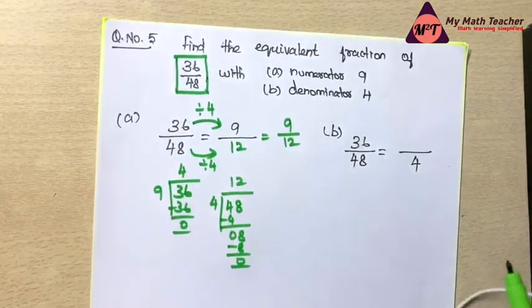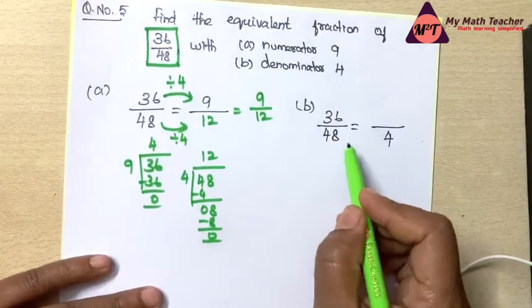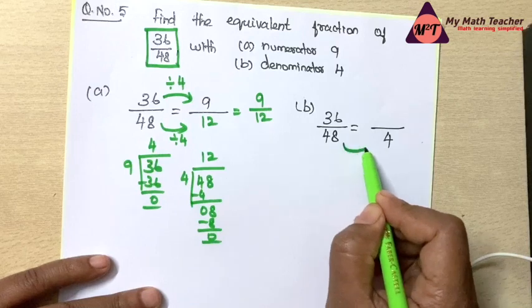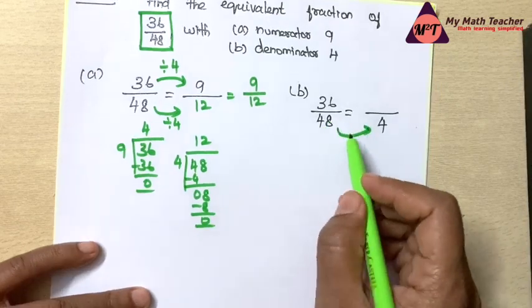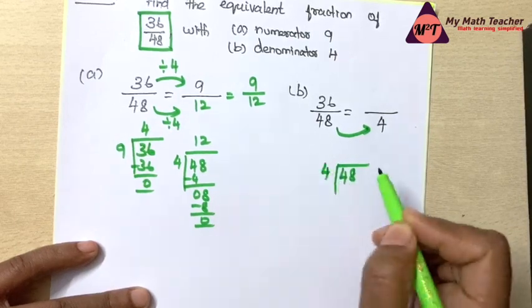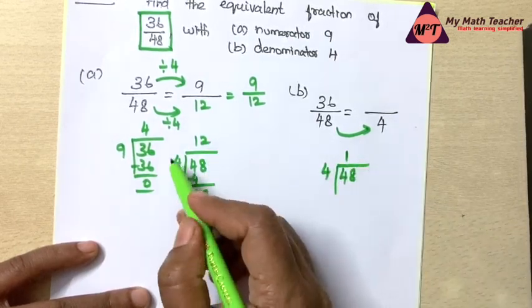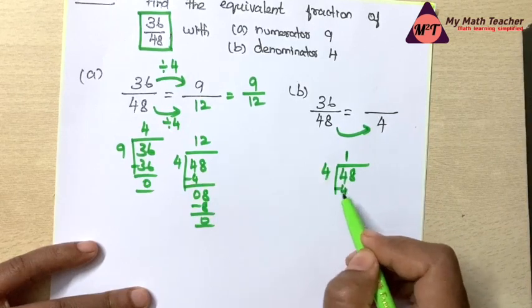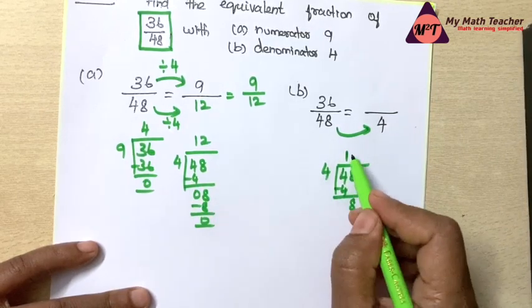Now let us do the same here as well. Here again we should not multiply. Instead we have to make it small, so we have to do the division. 48 divided by 4 will be 12.